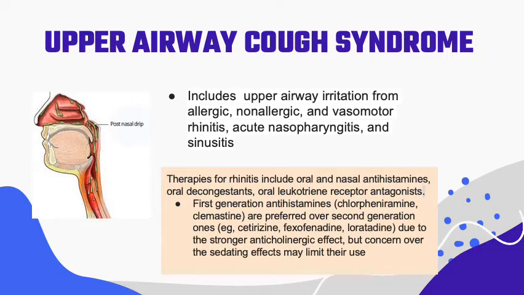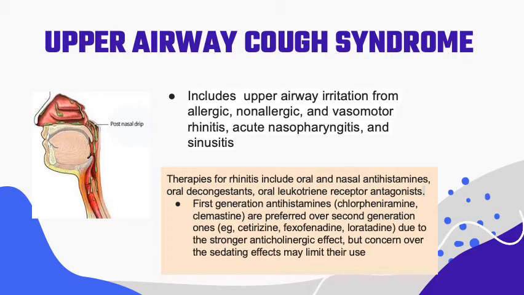For acute relief of postnasal drip, first generation antihistamines will be preferred over the second generation antihistamines because of their stronger anticholinergic effect, but their use is limited by their sedating effects.